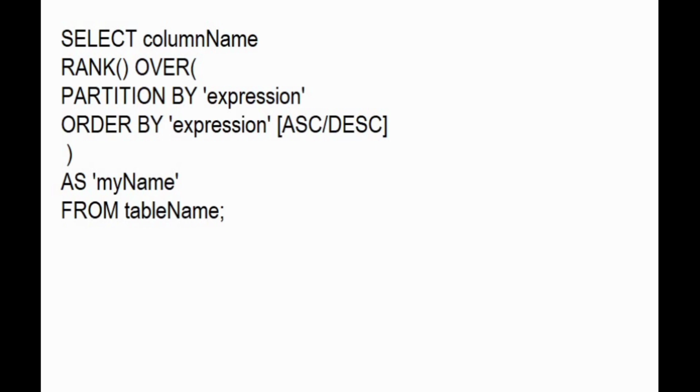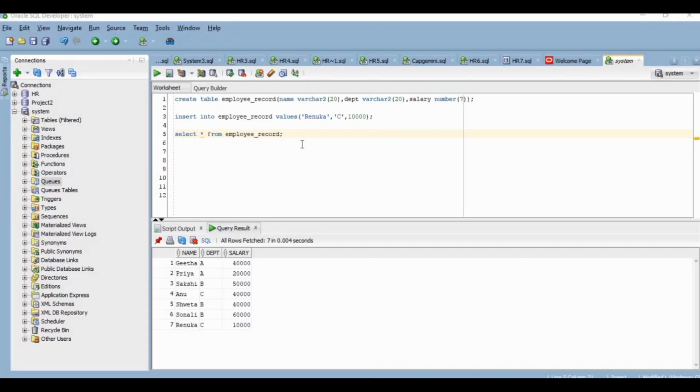Partition by clause is optional to use, and if you do not use the order by clause, it will not give an error, but you will not get the desired output. So now we will see with the example.